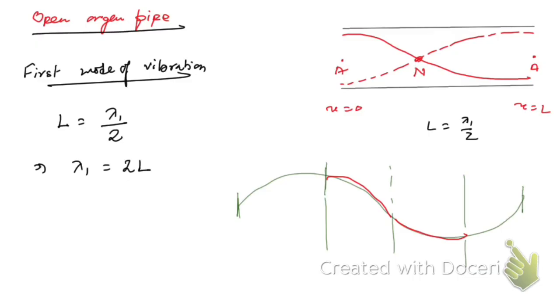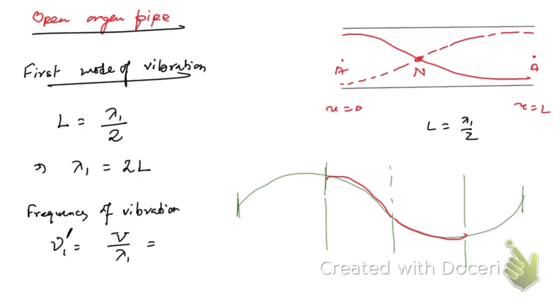If that is the case, then the frequency of vibration will be nu 1 dash. Let me write nu dash, because in case of the closed organ pipe we have written nu. So that is equal to v, the speed of the wave, divided by the wavelength lambda 1.